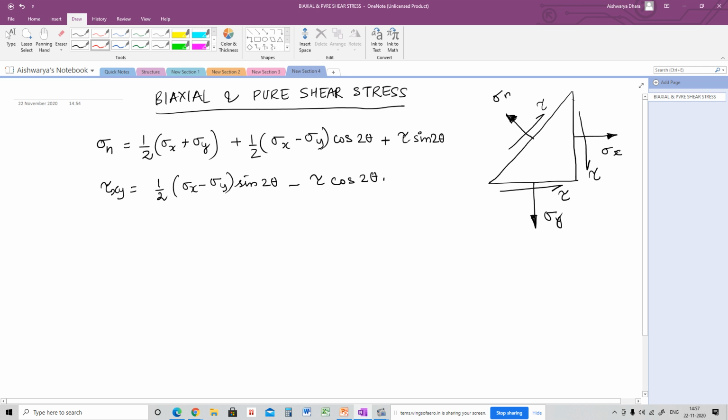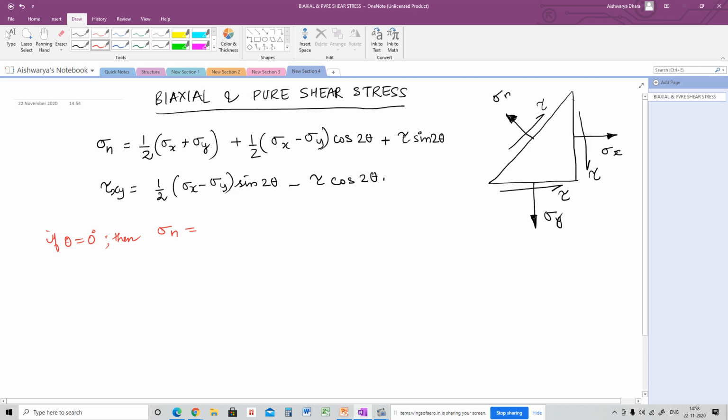Okay, now if here theta is 0, what will be the sigma n? It's only sigma x.